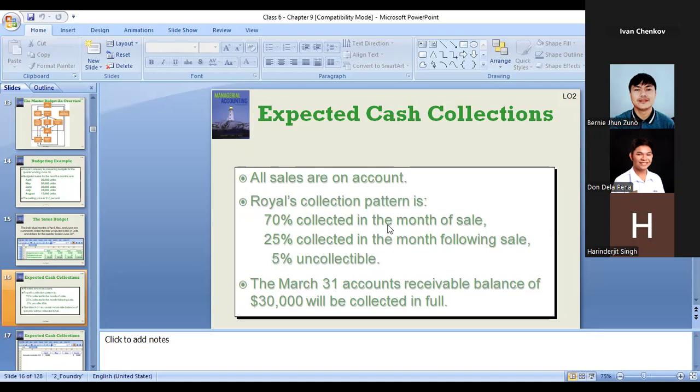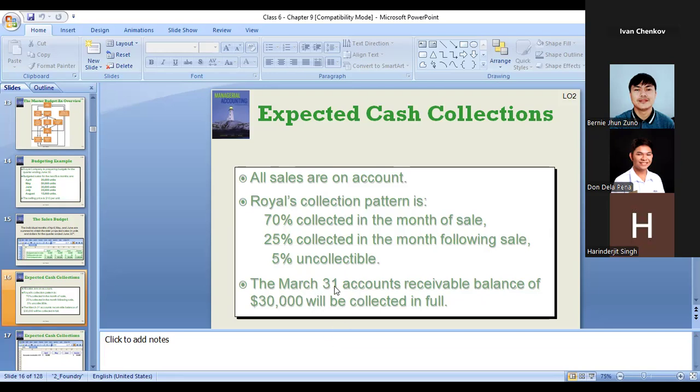The next 25% are collected in the month following the sale, and 5% are uncollectible. So every month, 5% of whatever we sell, we're never going to see. On $1 million, 5% is the money that we're never going to see.